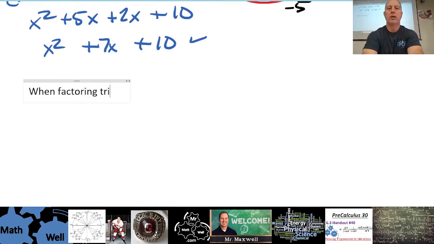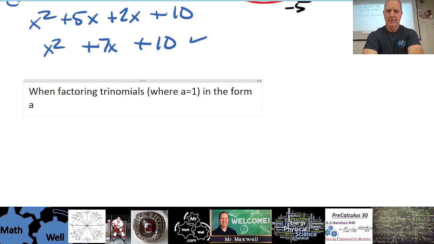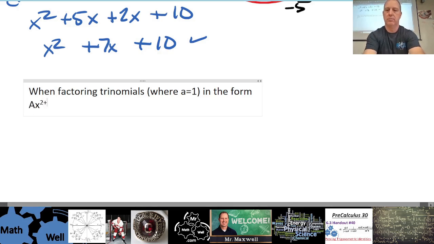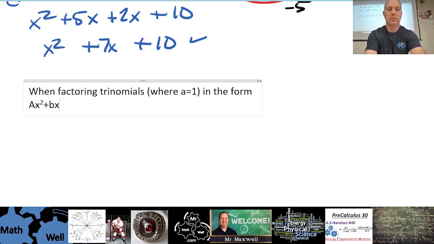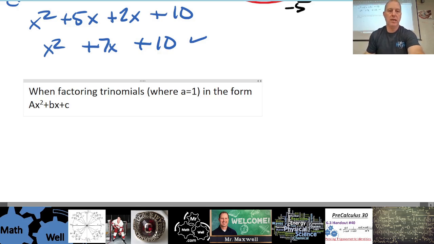When factoring trinomials, and I'm going to put this in brackets because this is going to be important next section, where a equals 1, and in the form ax squared plus bx plus c, and that a should be a little a, but it auto-corrected on me.